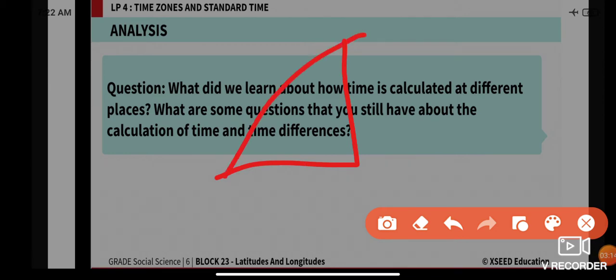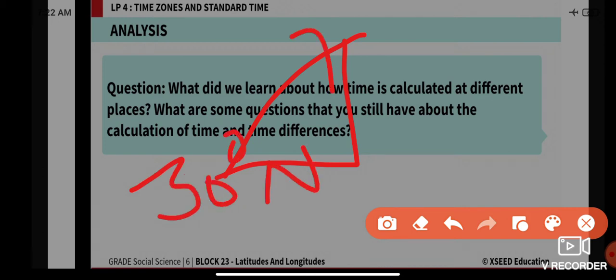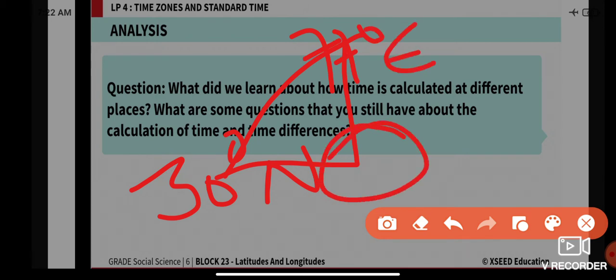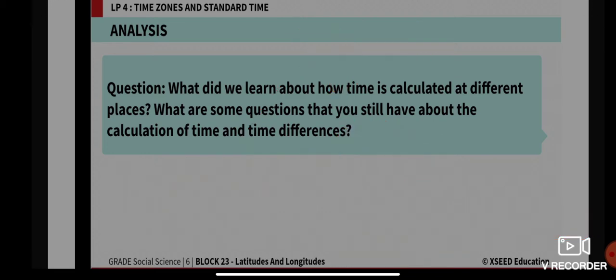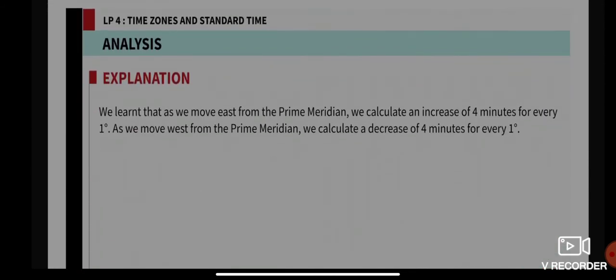And we have learned about, for example, 30 degrees north and 77 degrees east, the northern hemisphere, and where the city is located. All those things we learned in our last class. Let me just highlight it for you.